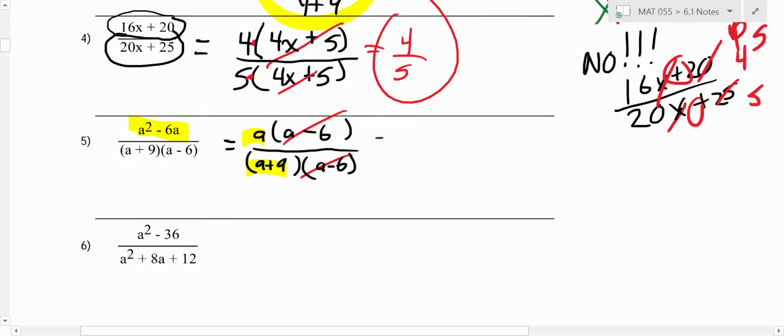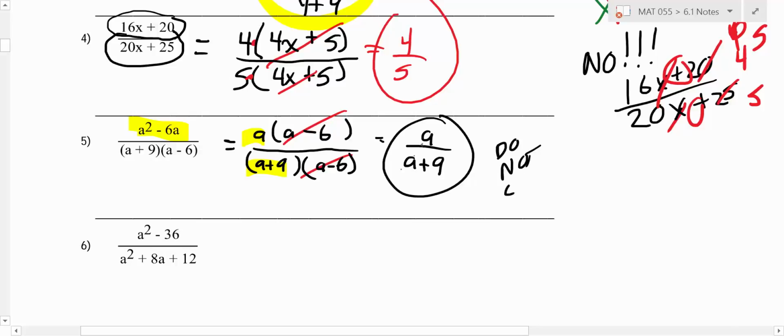That's your answer. Once you've canceled, you are done. So A over A plus 9, do not go any further, and do not cancel those A's. And be careful about how you write your 9s and your A's. That's your answer. Factor, remove common factors, then you're done.